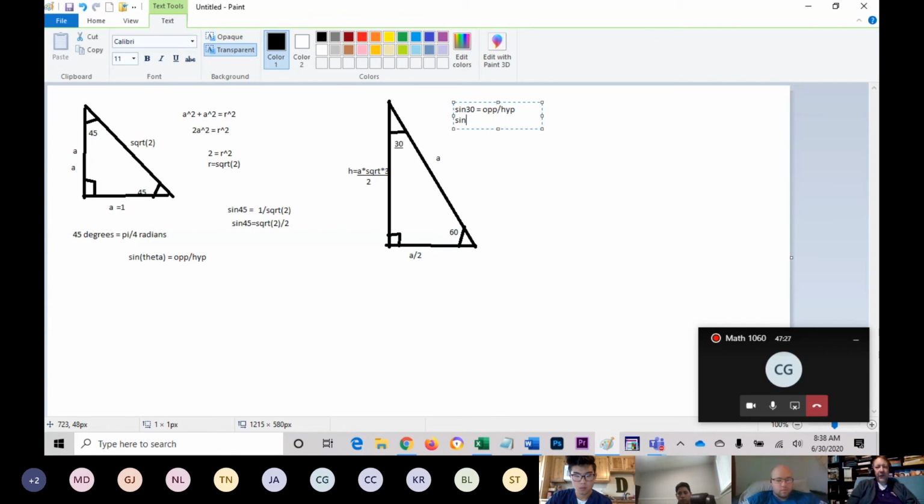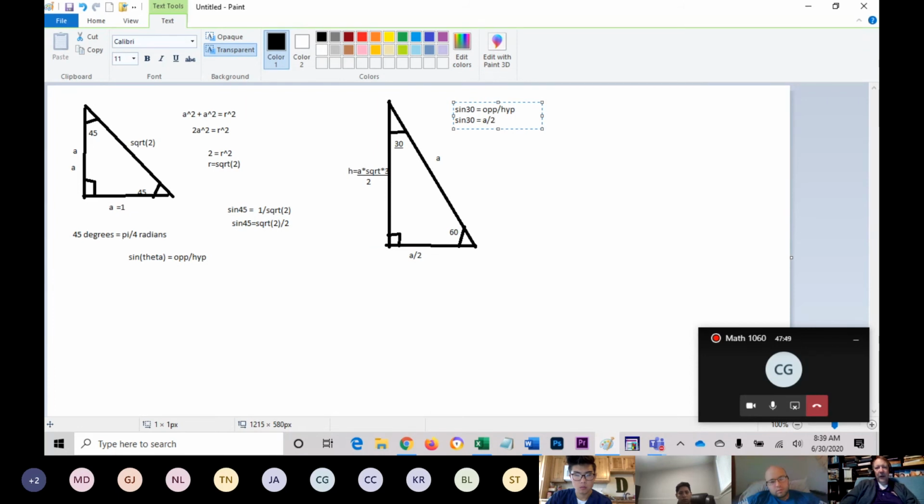Okay, so the sine of 30 degrees in this case is going to be the opposite side over the hypotenuse. What's the opposite of 30 degrees? A? No, that's the adjacent. A over 2, correct.